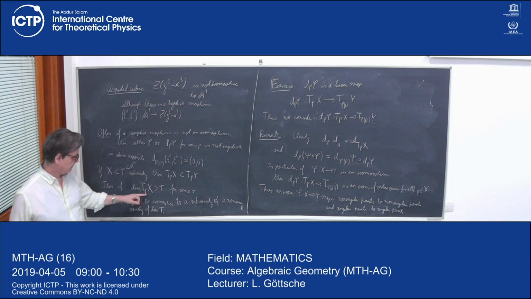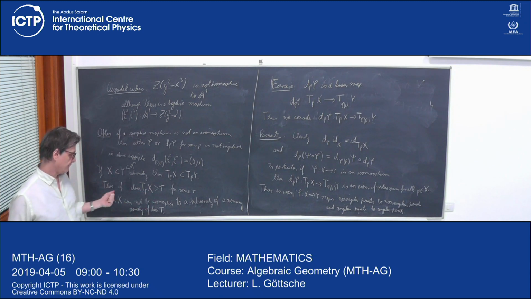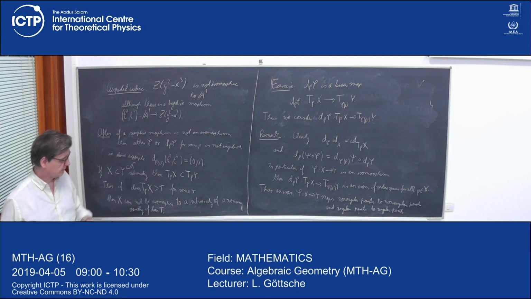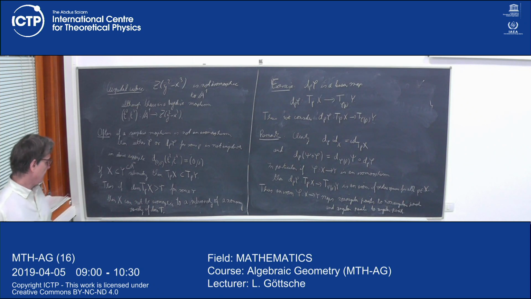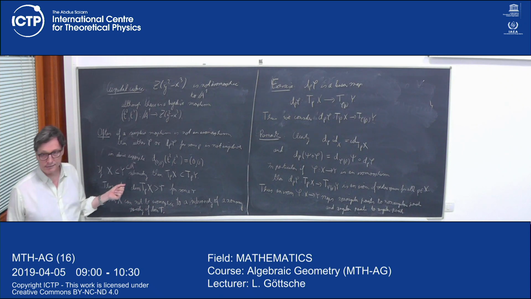So if the tangent space at some point is large, we will not be able to embed it into a smooth variety of dimension smaller than the dimension of the tangent space. In particular, if the dimension of the tangent space at any point is bigger than r, then X cannot be isomorphic to a subvariety of A^r.